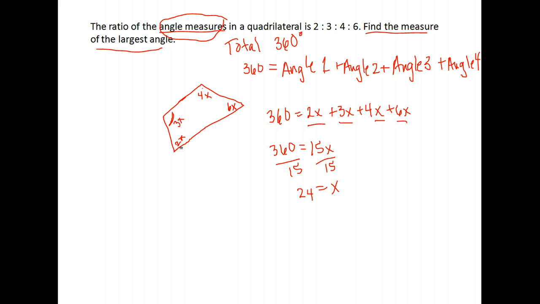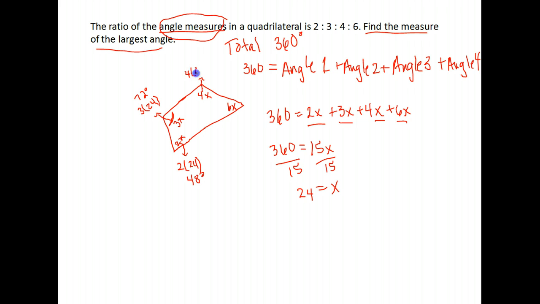So what we can do with that is go back up into our figure here and find the measure of each angle. This one would be 2 times 24, or 48. This angle would be 3 times 24, or 72 degrees. These are all degrees. They're angle measures.